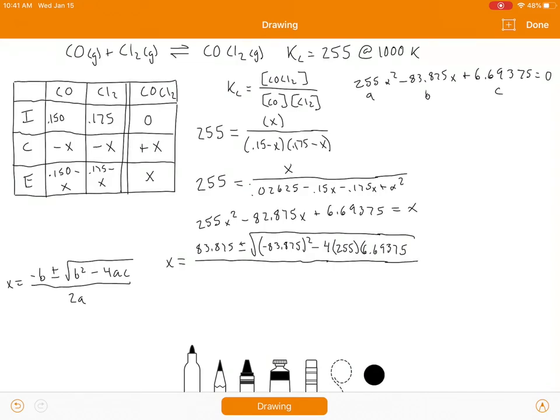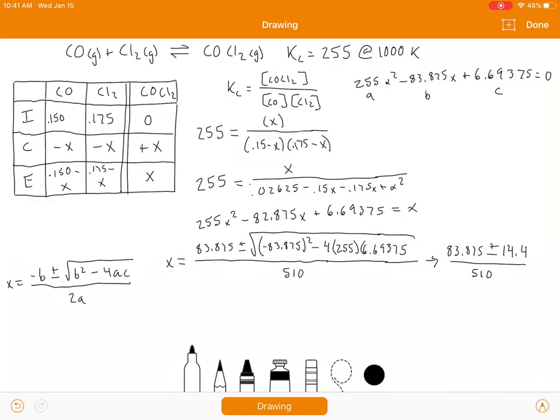And then on the bottom, 255, which is A, times 2 is 510. When you work all of that out and simplify it up, it should end up being equal to 83.875 plus or minus 14.4. That's what you should get for the whole thing beneath the radical, and then 510 on the bottom.